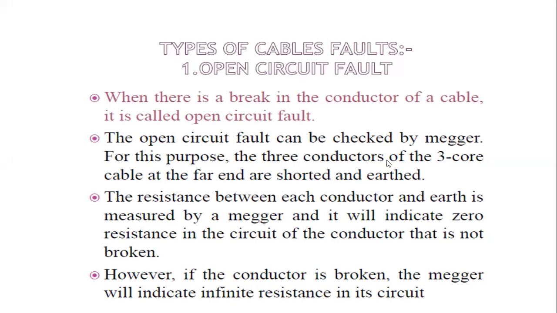The three conductors of a three-core cable at the far end are shorted and earthed. Next, the resistance between each conductor and earth is measured by the Megger, and it will indicate zero resistance in the circuit of the conductor.